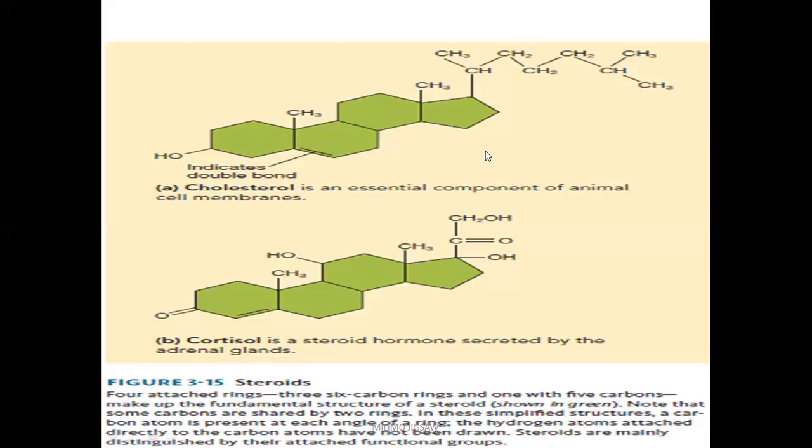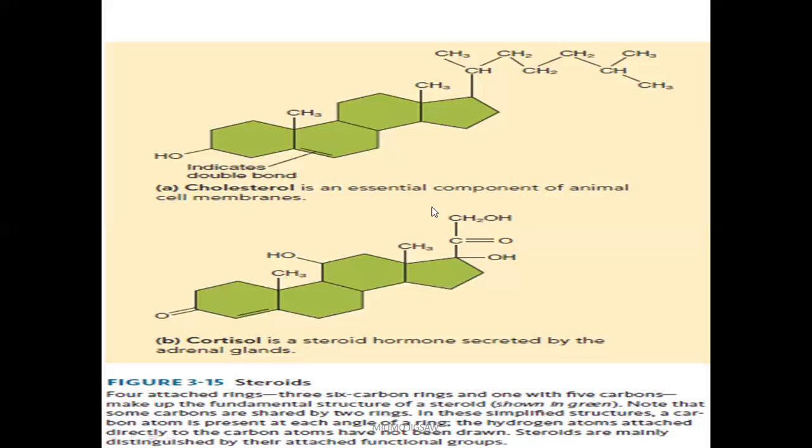And what distinguishes these different steroids are the functional groups or side chains that emanate from these rings. For example, in cholesterol we have the OH group here, and in cortisol we have the oxygen double bonded to the carbon there.